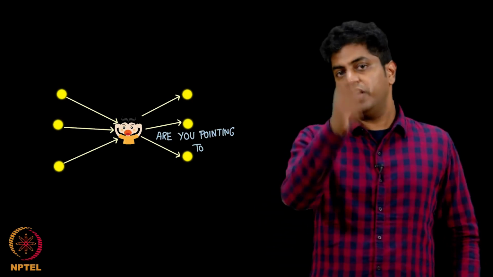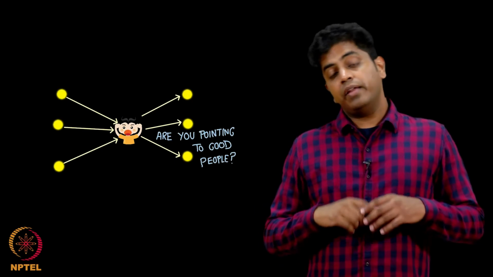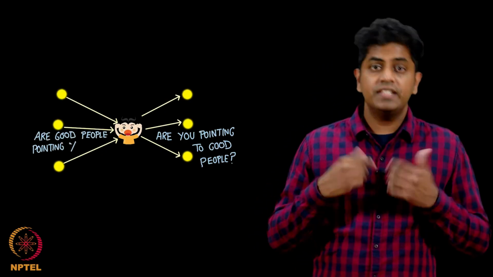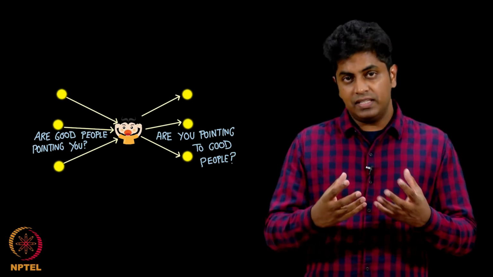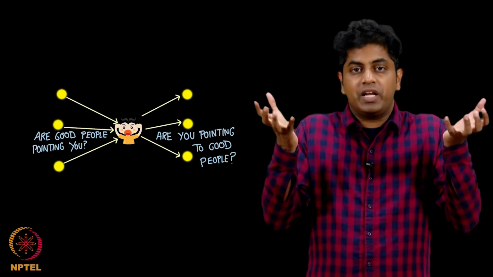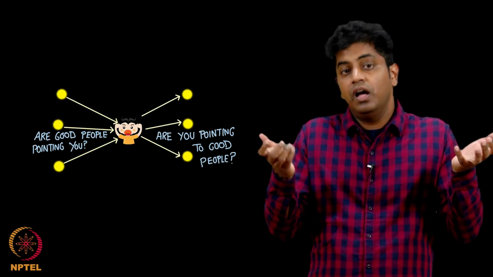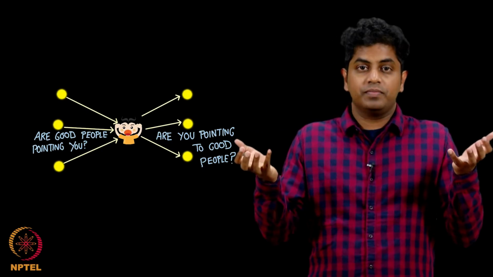Who points to you and whom you point to are two different things. Are you pointing to good people is one way of measuring a person, are good people pointing to you, or a good number of people pointing to you, is another measure. So, every person has these 2 parameters: are you pointing to good resources, good people, and are good people pointing to you.